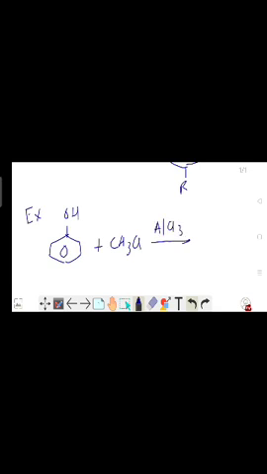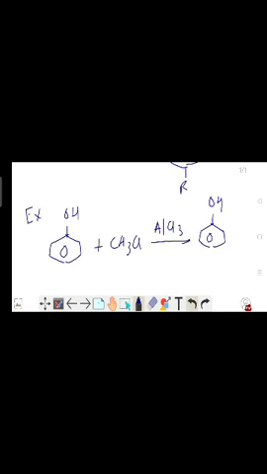For example, when phenol reacts with methyl chloride in the presence of anhydrous AlCl3, then it produces orthocresol and paracresol.